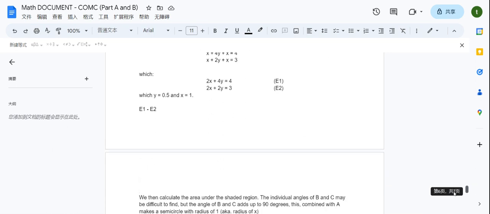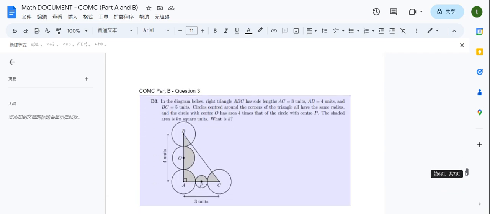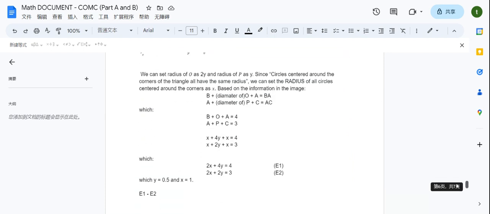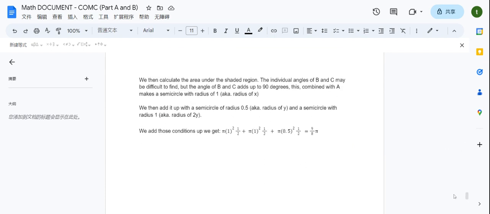From this, we can combine this with the shaded area of A. Since the angle of A is 90 degrees, A, B, C add up to 180 degrees, which is a semicircle of radius 1.